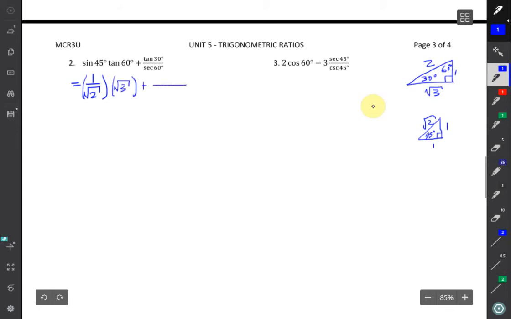Then we have a fraction here. The tan of 30 is the opposite over the adjacent. That's 1 over root 3. And the secant of 60, that goes with cos. So that would be the hypotenuse over the adjacent. So 60, the hypotenuse over the adjacent, that's 2 over 1, which is just 2.